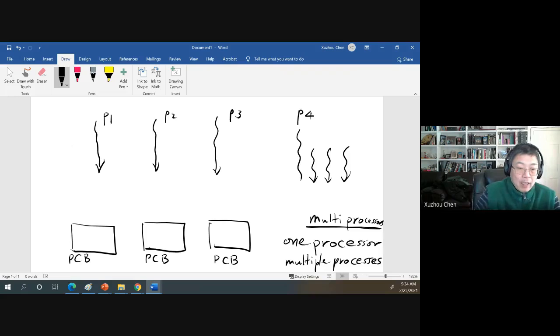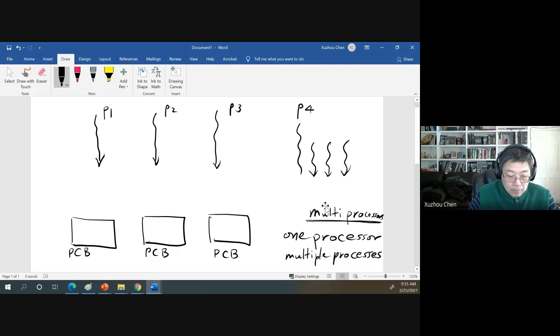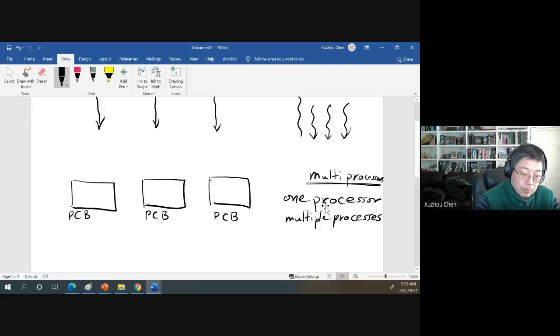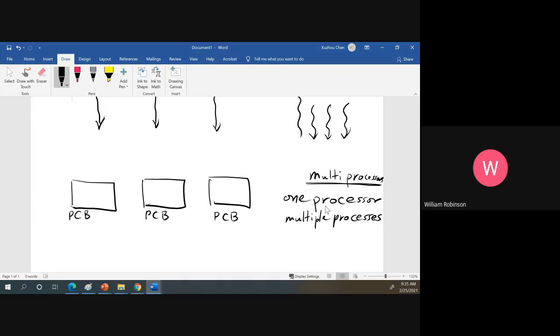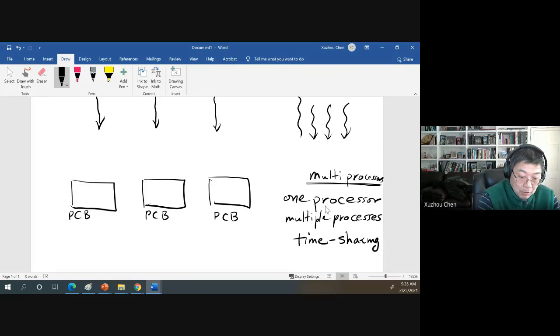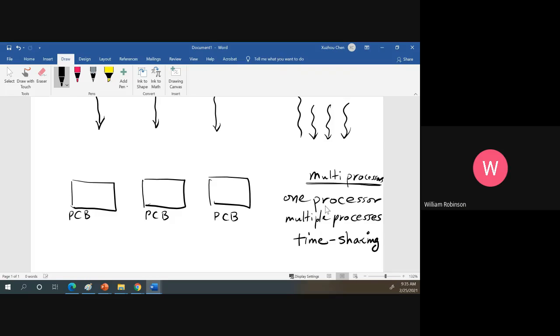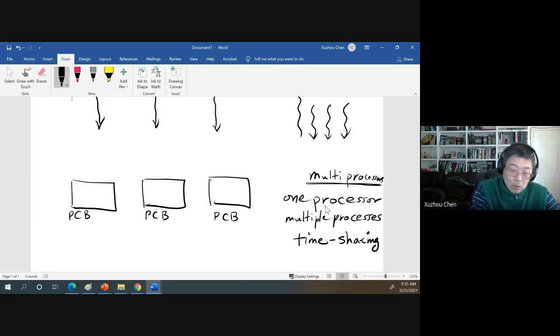We use multi-programming, and time sharing is a derivative of multi-programming, where multiple processes use the same CPU. In particular, we use multi-programming with time sharing.